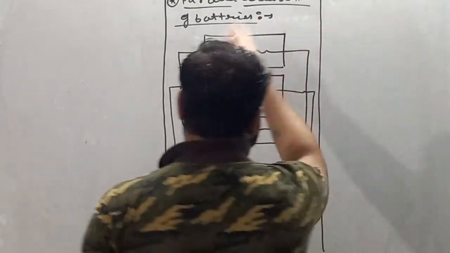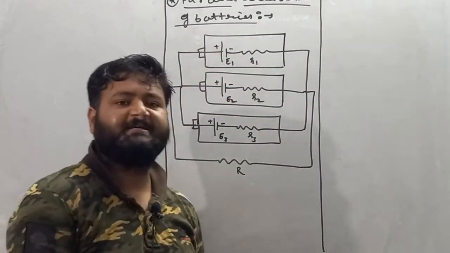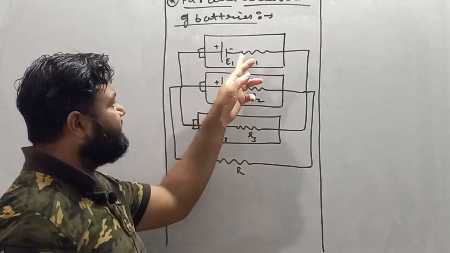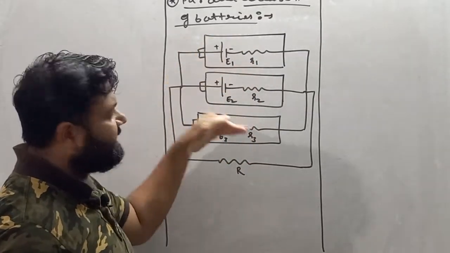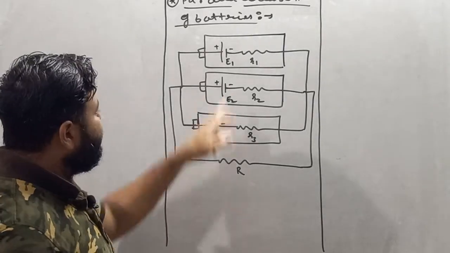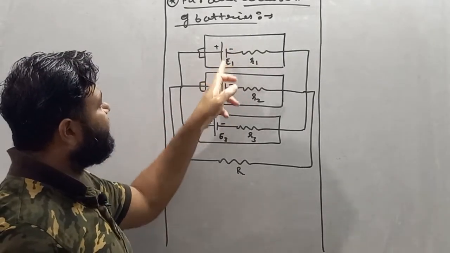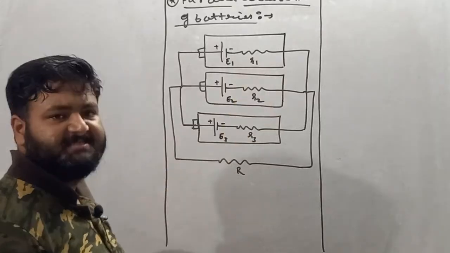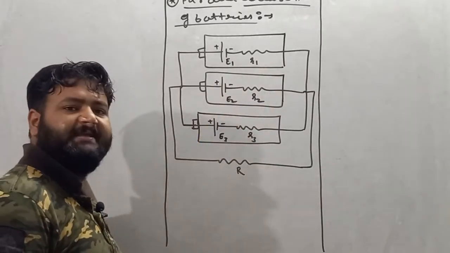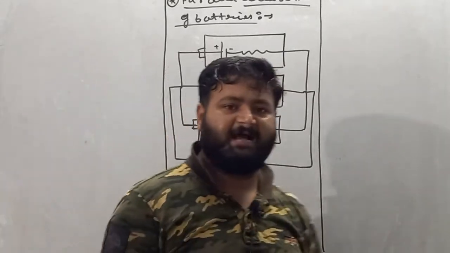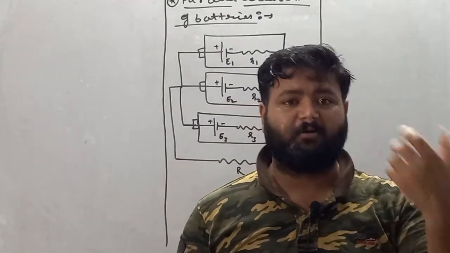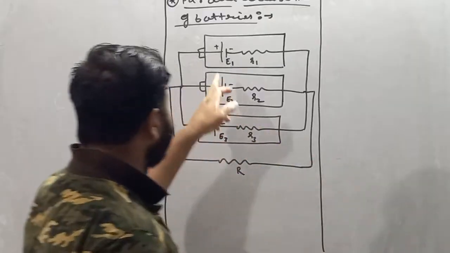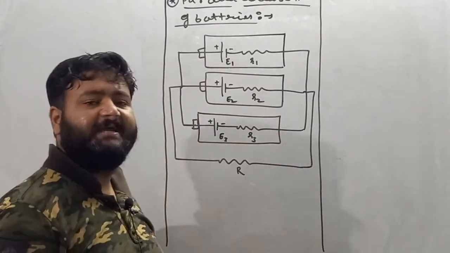So this is nothing but parallel combination. See my dear student, here we have three batteries, first, second and third. All the batteries are connected parallel to each other. Here the potential of the first battery is E1, internal resistance is R1, second battery EMF is E2, as we know that the potential of the terminal is also called EMF.